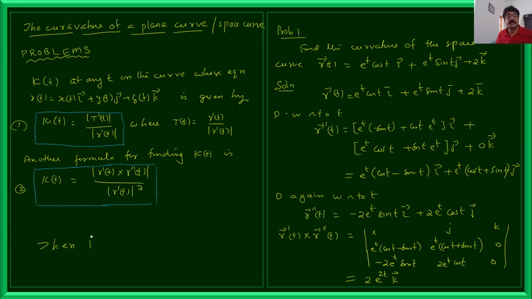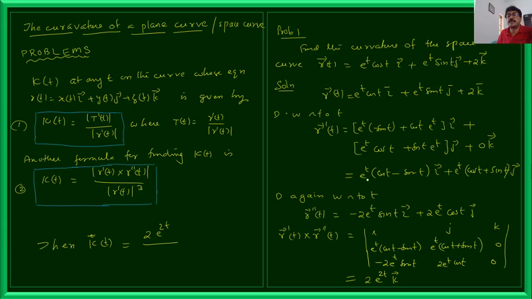Then kappa t is equal to, that is a scalar, kappa t is equal to modulus of r dash t cross r double dash t. So here r dash t cross r double dash t is 2 e raised to 2t k. So the modulus is nothing but 2 e raised to 2t divided by modulus of r dash t cubed.